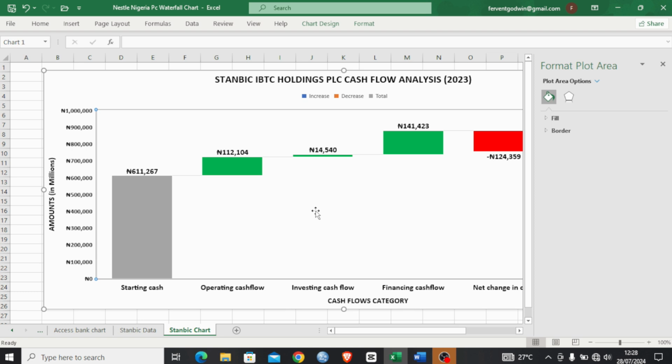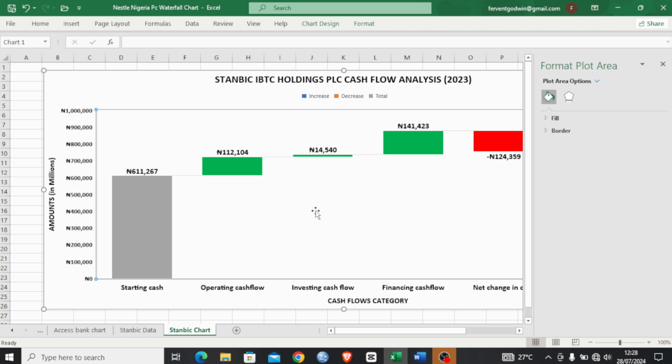If it is showing a negative value, it indicates that the company's cash balance has decreased over the reporting period. This means that the company's cash outflows exceeded its cash inflow, resulting in a net reduction in cash. So that's basically what it's saying.